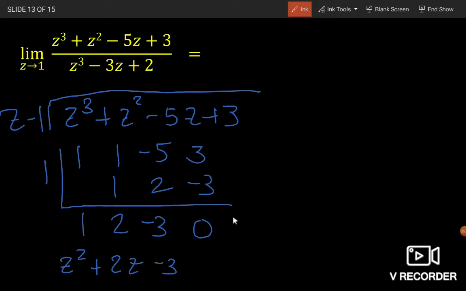Remainder is 0. So now you can express this as z squared plus 2z minus 3 multiplied by z minus 1. So this whole numerator can now be expressed as z squared plus 2z minus 3 multiplied by the quantity z minus 1.